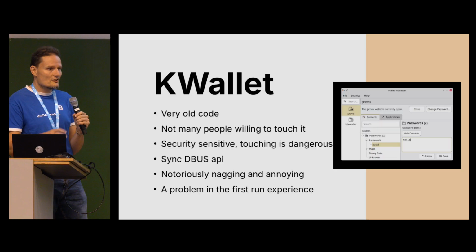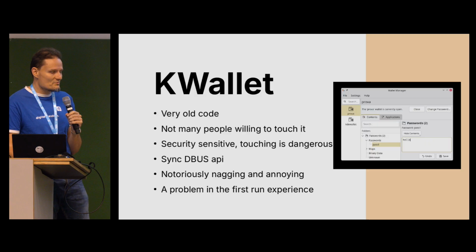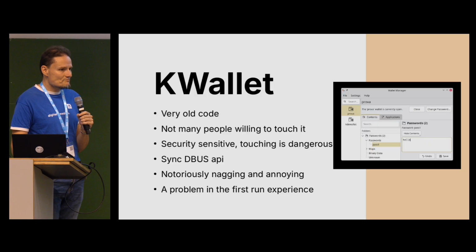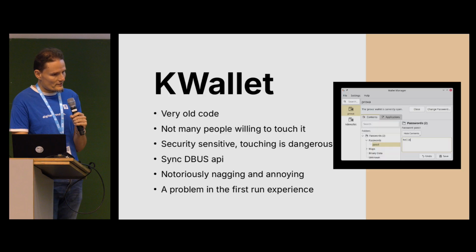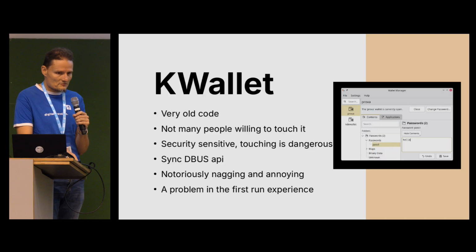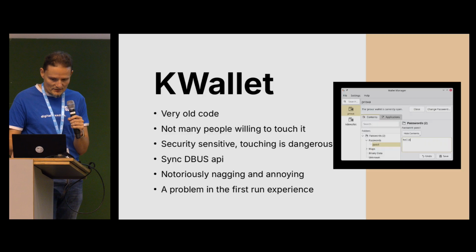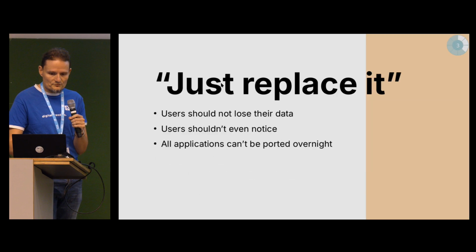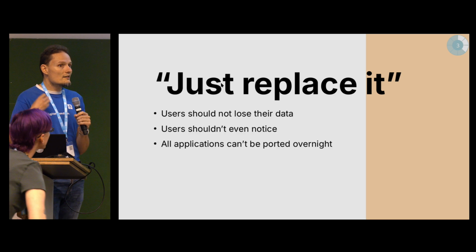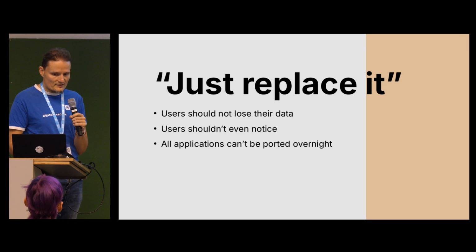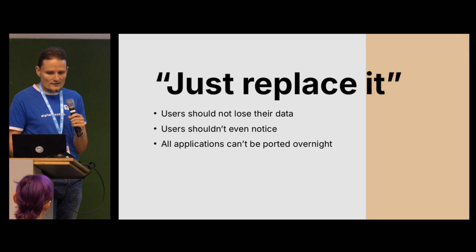It's that weird dialogue that asks if you want a Blowfish or a GPG wallet. What the hell does it mean? So even if we keep K-Wallet and keep improving it, we should really take a stab at that. But what I'm talking about specifically is how to just replace it.